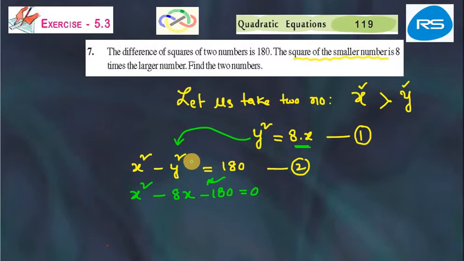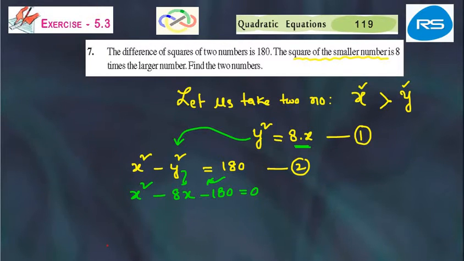Is it clear? I just substituted the y square value. Y square value is how much? 8x.